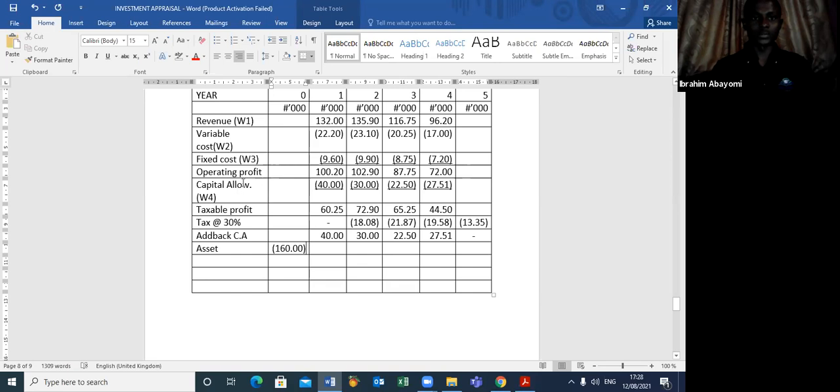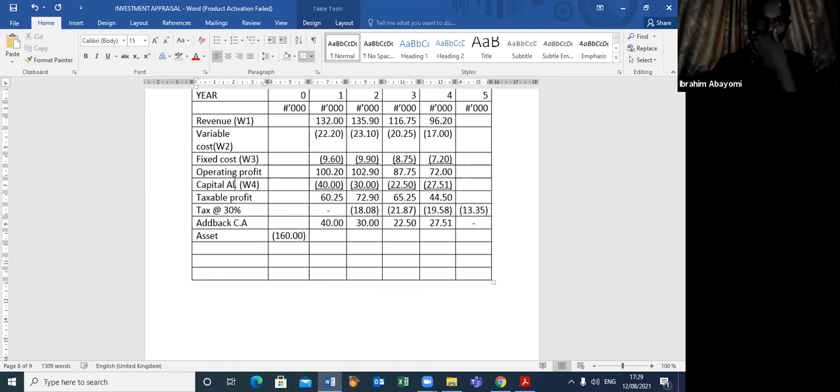Let's shorten it. Capital allowance. So 160.00. All others, nothing.